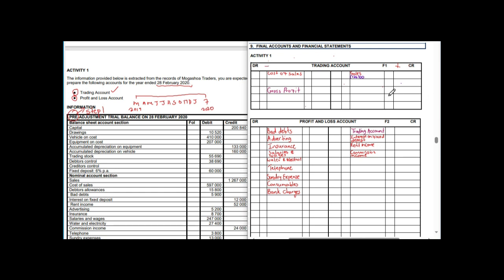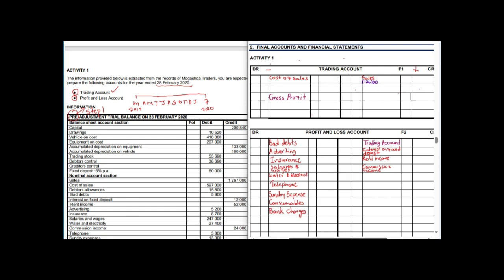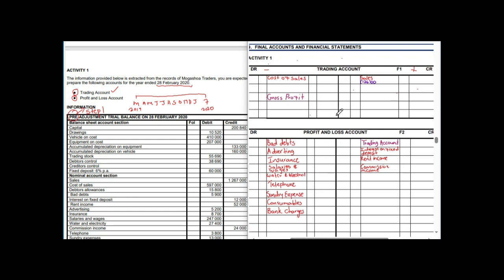Under our credit side we have sales, and under our debit side we have cost of sales, and lastly gross profit. Wherever you go, if you are required to complete a trading account, you need to know that this is your structure. So guys, let's complete it.